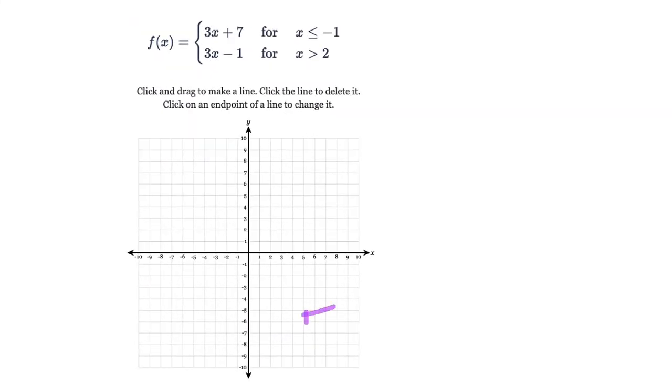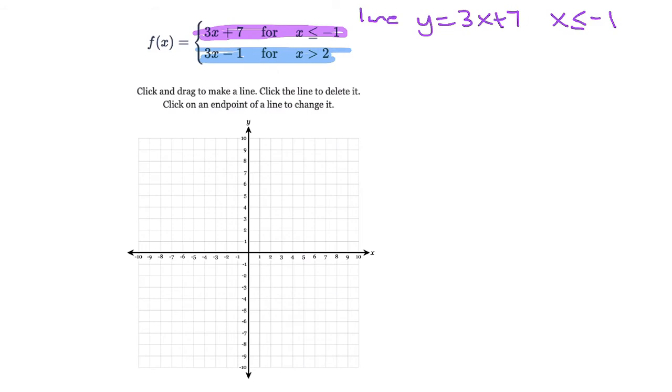This particular one says we're going to graph this function: the line y equals 3x plus 7 if x is less than or equal to negative 1, and then the line y equals 3x minus 1 when x is greater than 2.